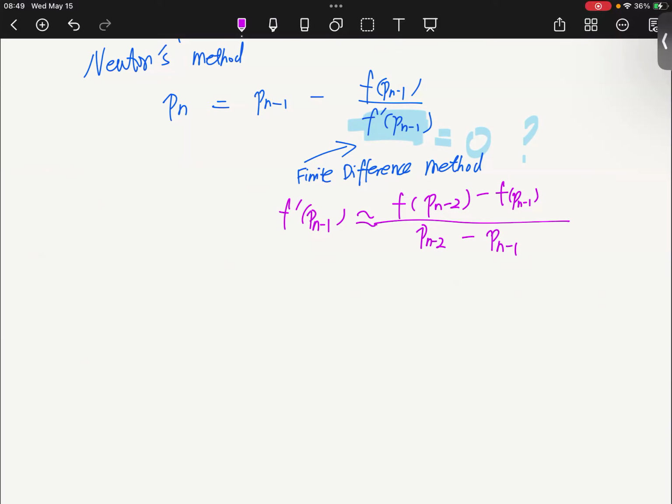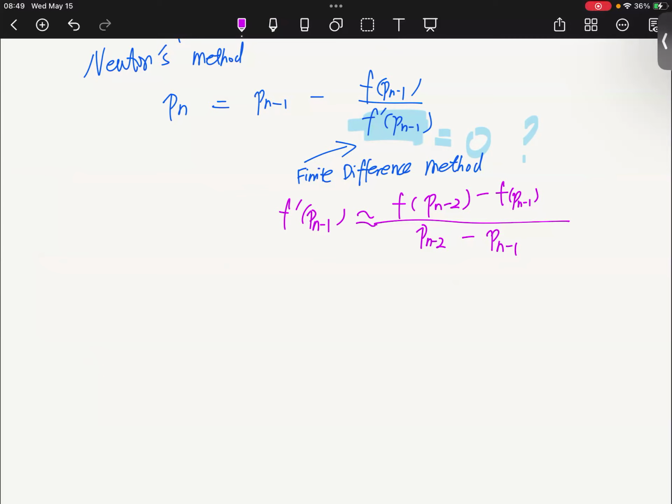If we use this formula to approximate the derivative, we can avoid the problem where the derivative equals 0. If the denominator equals 0 here, we have already stopped our iterations, because Pn minus 2 equals Pn minus 1, and we stop there.